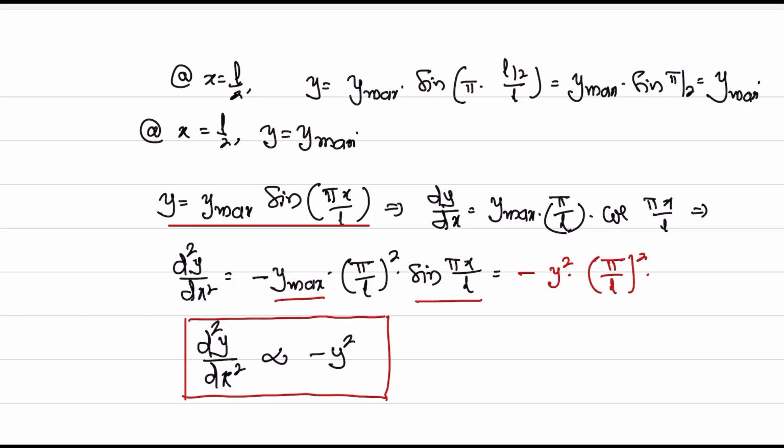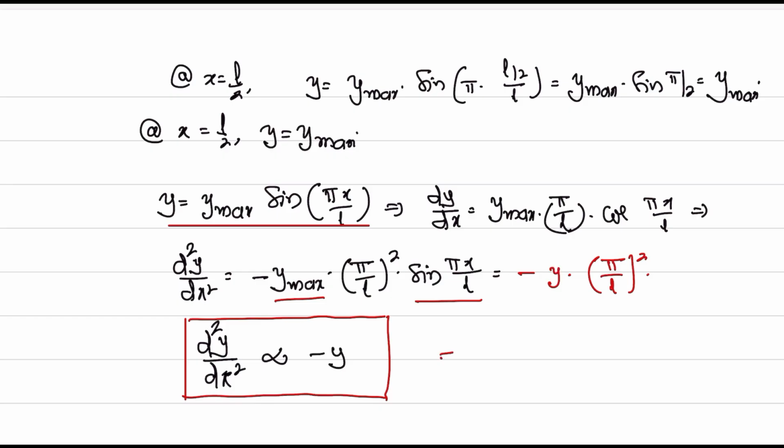Not minus y square, sorry, minus y, because y max into sin pi x by L is y only. This is one of the observations we made from this equation. This type of question will be asked in the examination, because these are not given in the textbooks. We need to understand in depth.